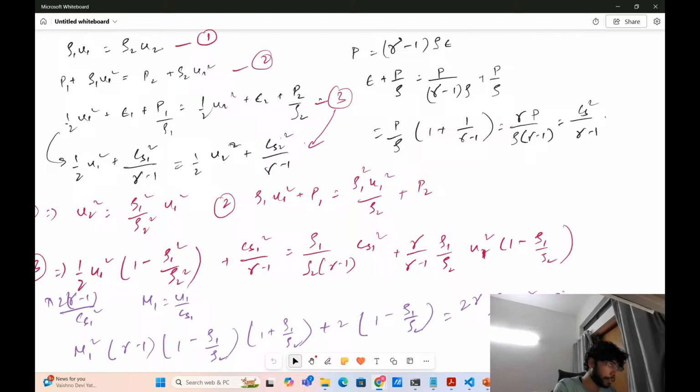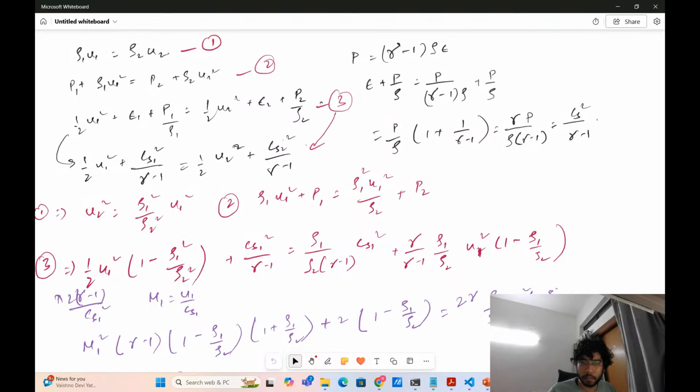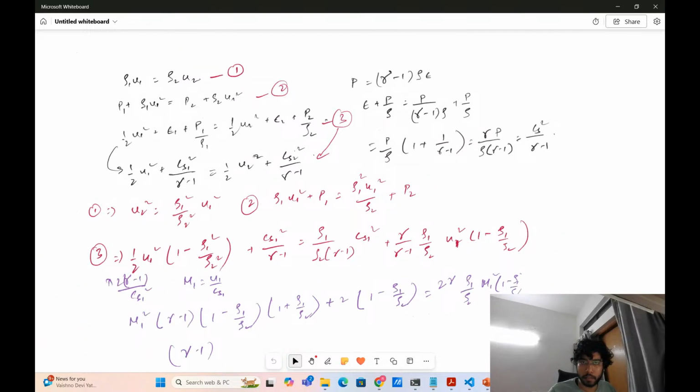And simplify this. This will be gamma minus 1 m1 square 1 plus rho 1 by rho 2. Just dividing throughout by 1 minus rho 1 by rho 2, we'll get this 2 gamma m1 square rho 1 by rho 2.